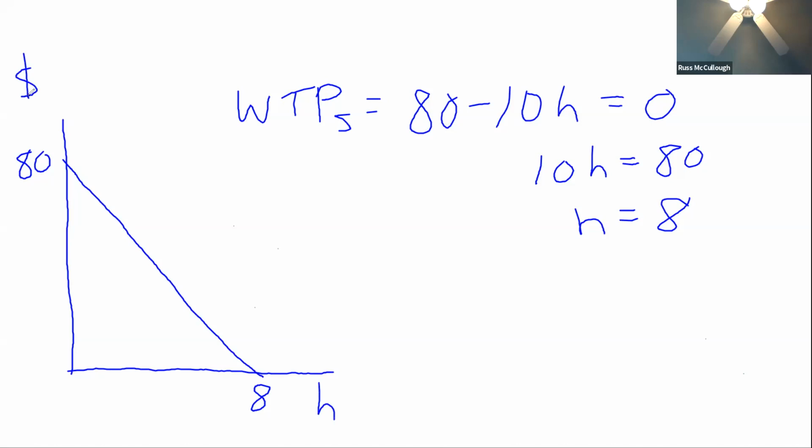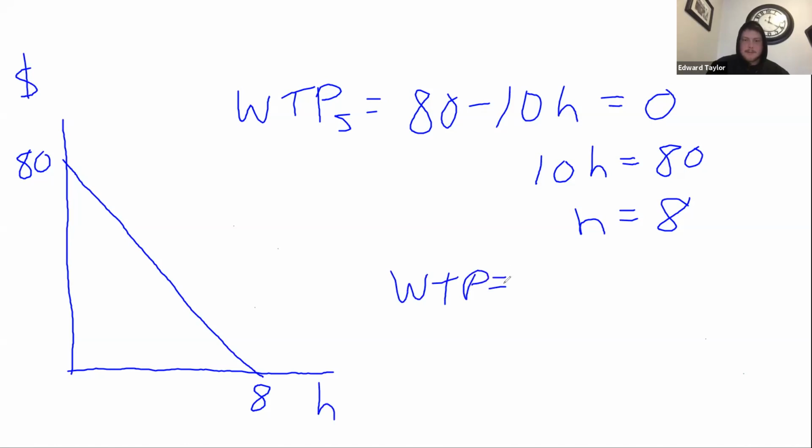And what's the vertical intercept for the stairs then, or for the elevator rather? 53. Yeah, that's what I meant, sorry. That's okay. So 53 minus h. Again, this is just slope intercept form. The slope is negative 1, and the intercept is 53.